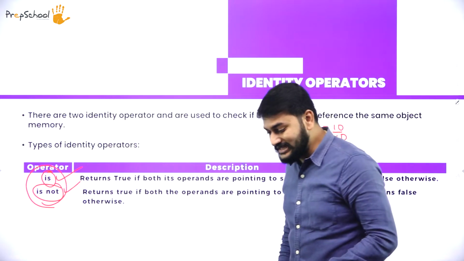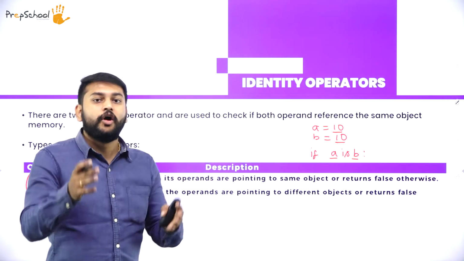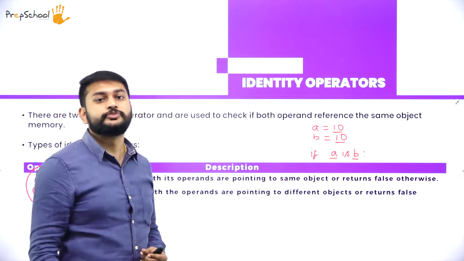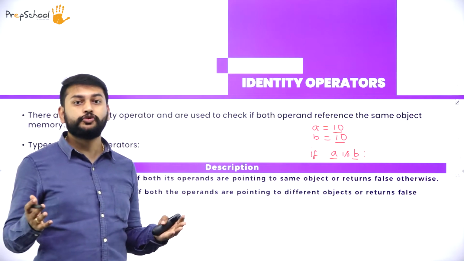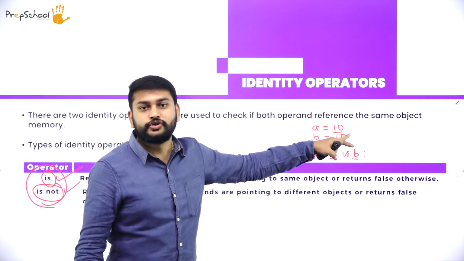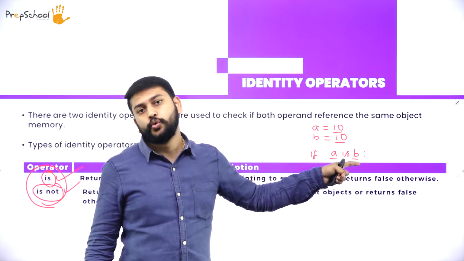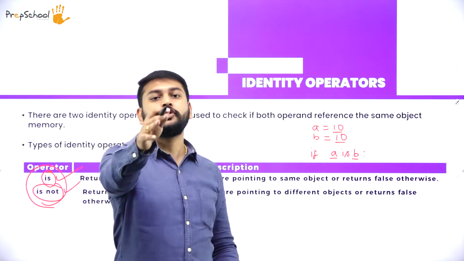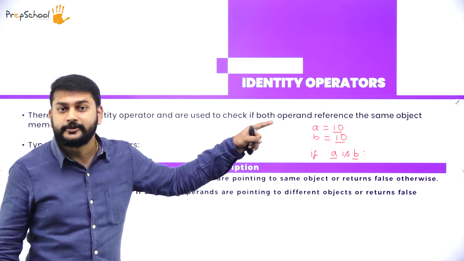When it comes to is, if both the objects are referring to the same location, or have the same reference, then it will return true. That is what you have to understand. So when A is equal to 10 and B is equal to 10, it is referring to the same thing, so it will return true. That is what you have to understand about the identity operator.